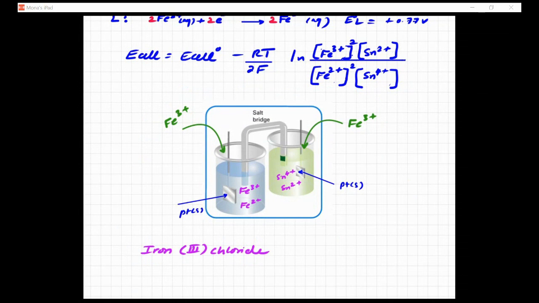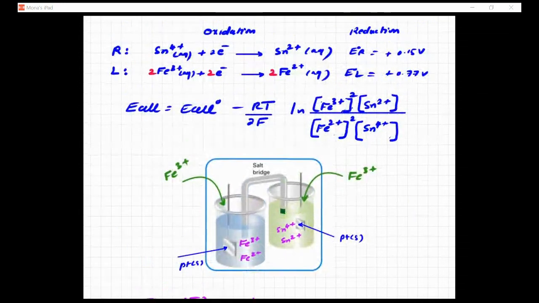It will be affecting only one side, right? Which side, the right or the left? It will be affecting the left, because the right reaction is not involving Fe3+, so it has nothing there.